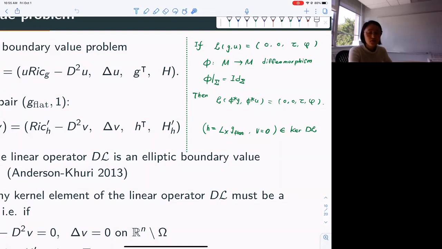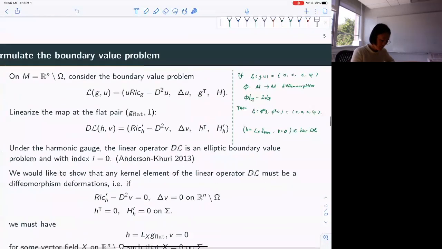This is good in another sense, because those kernel elements are trivial: they are generated by different choices of gauge, or by diffeomorphisms. So in order to mod out this big subspace of the kernel, we can impose a gauge condition.